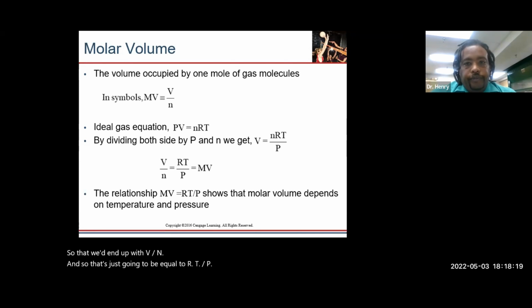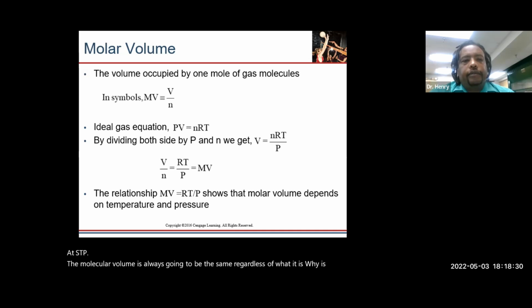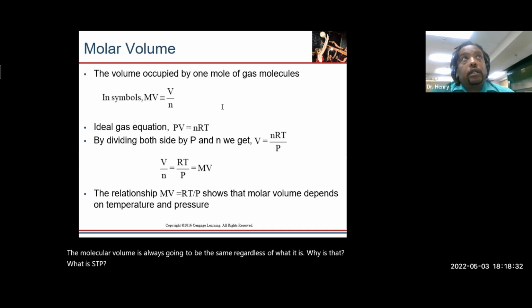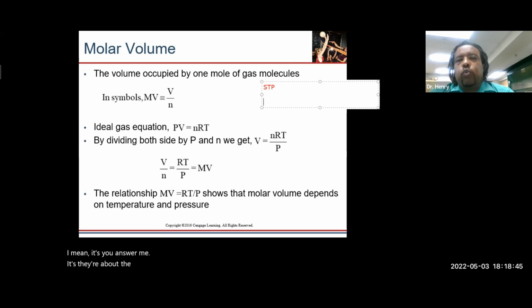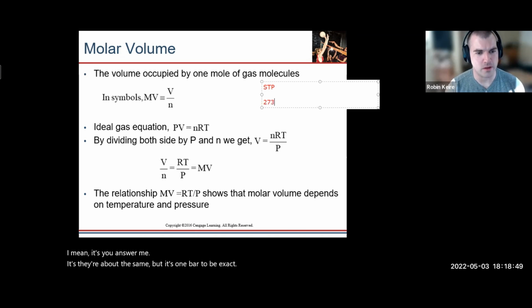So at STP, the molecular volume is always going to be the same regardless of what it is. Why is that? What is STP? It's 273 Kelvin, and is it 1 bar or 1 atmosphere? They're about the same, but it's 1 bar to be exact. Okay, because I was a little bit confused.